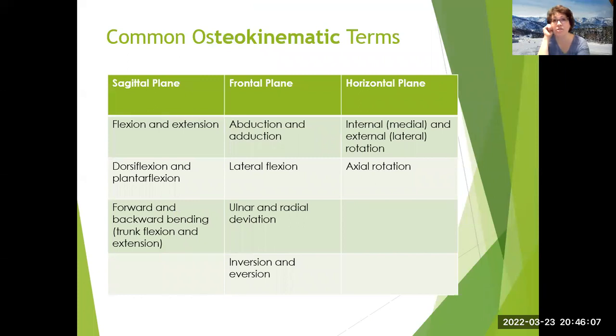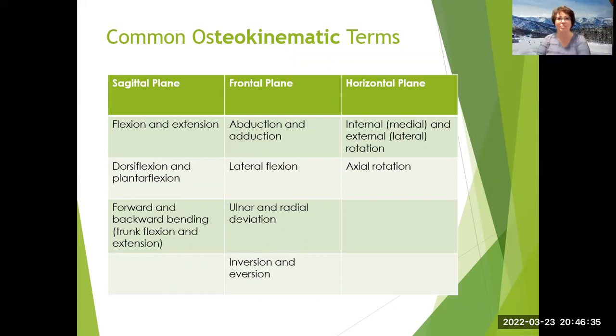So common osteokinematic movements in the different planes. Sagittal plane, flexion and extension, dorsiflexion and plantar flexion in the ankle, and forward and backward bending, which is trunk flexion, forward bending, and trunk extension, backward bending. And the frontal plane, you almost can't not do these motions when you're describing them. So feel free to do the motions.